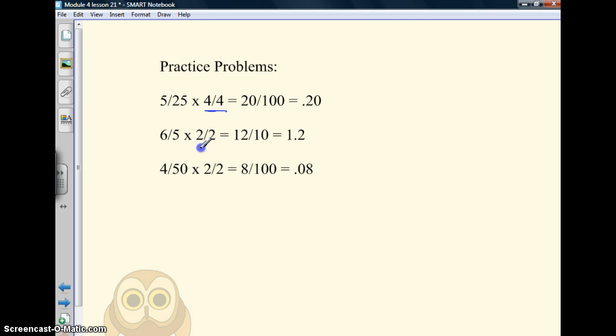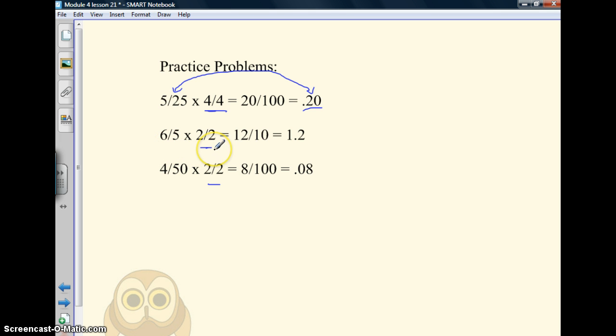This, this, and this are all equal to 1, which means this and this number are the same thing. They have the same value. It's just one is a fraction and one is a decimal. Okay, so 5/25 times 4/4 equals 20 hundredths, and then we write it as a decimal, 20 hundredths.